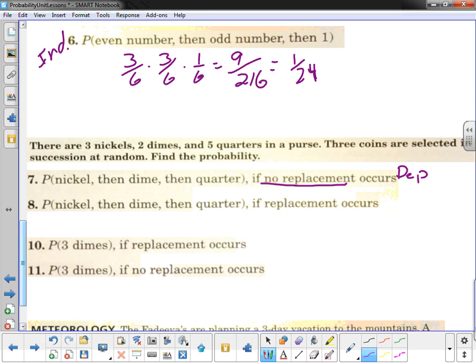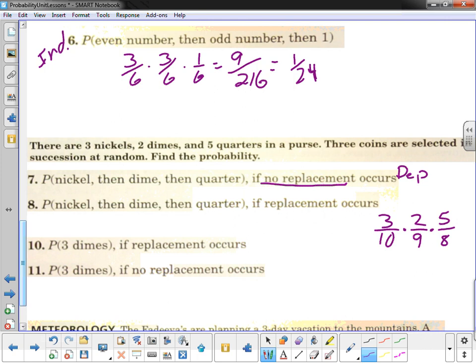Okay, so a nickel. Well, we have 3 nickels out of the whole. How many do we have? 10 coins. Multiply that by, then a dime. Well, we have 2 dimes, but now remember, we didn't put the nickel back, so there are only 9 coins left in there. And then a quarter, well, we have 5 quarters. We haven't taken any of those out, out of 8.